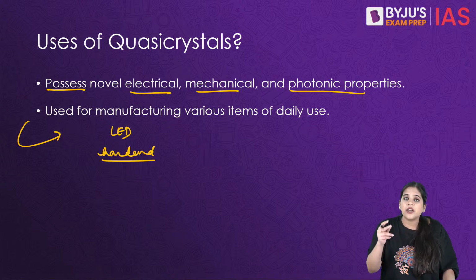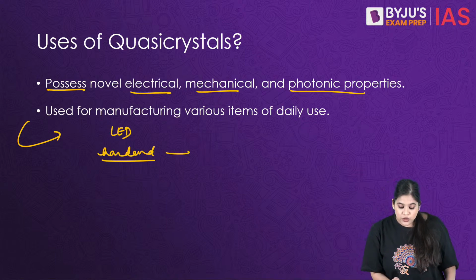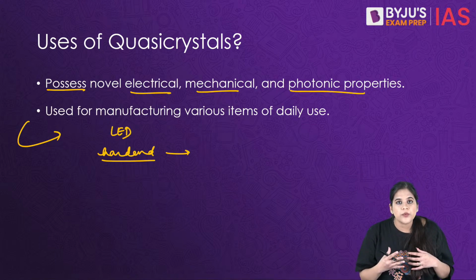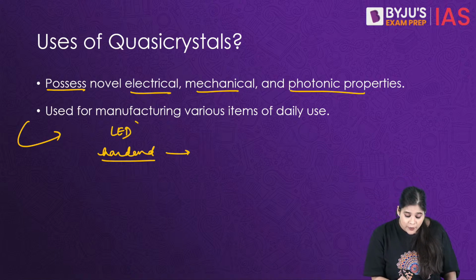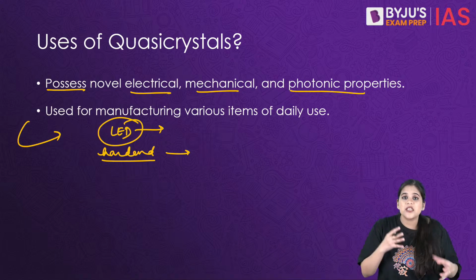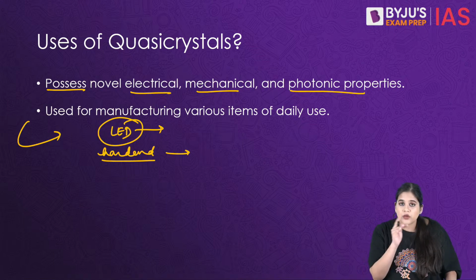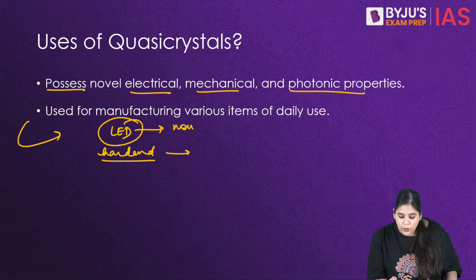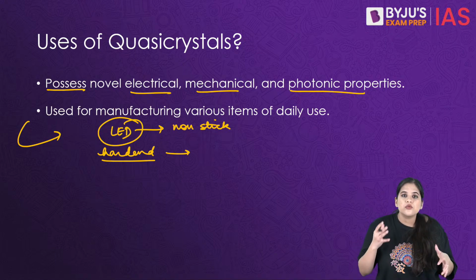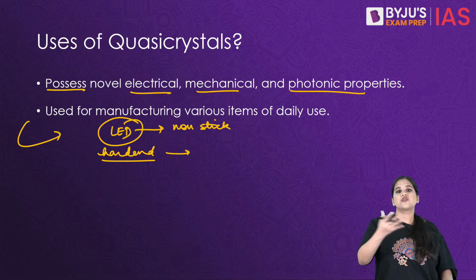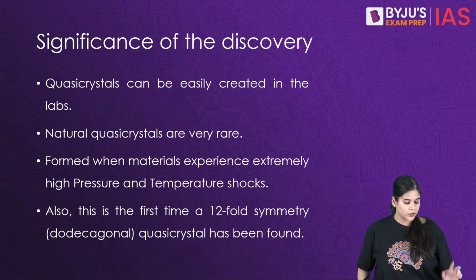Now steel hardened with quasi crystals is used to make many surgical instruments, many dental instruments, acupuncture pins. Apart from LEDs, we also have non-stick cookware and so on. So there is a lot of use of these quasi crystals even outside the laboratories.